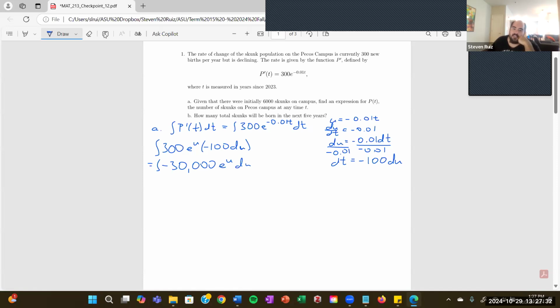So now I have this integral in a form where I can finally take the integral. The integral of e to the u is something I understand how to do.